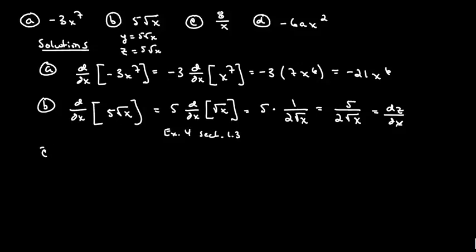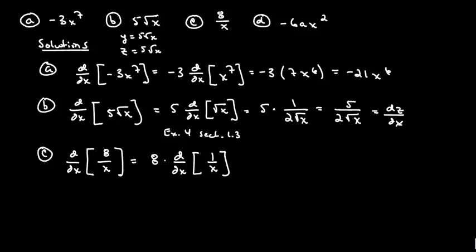C, we need to differentiate with respect to x, because that's our variable. 8 over x. We can pull the 8 out, and so we have d dx of 1 over x. And now this differential was example number 3 from the same section, 1.3.